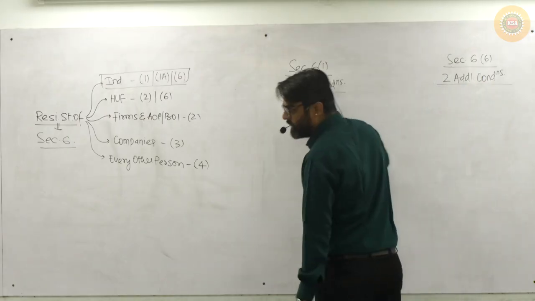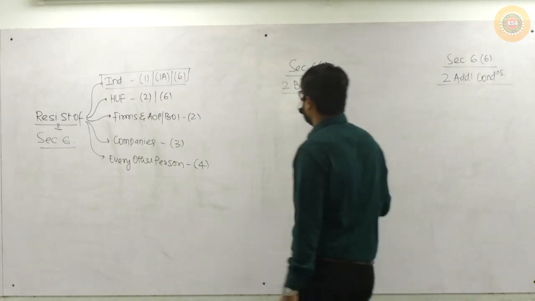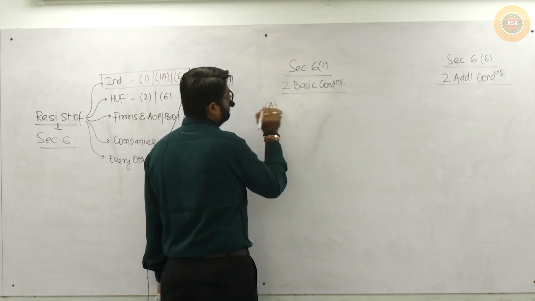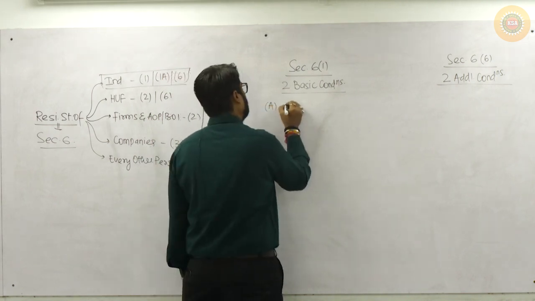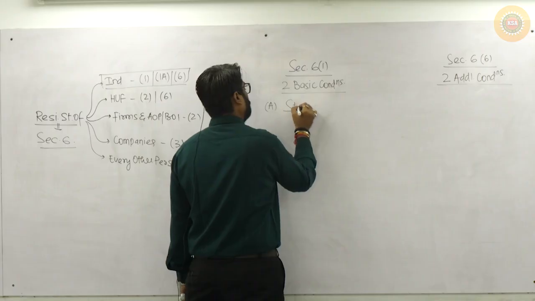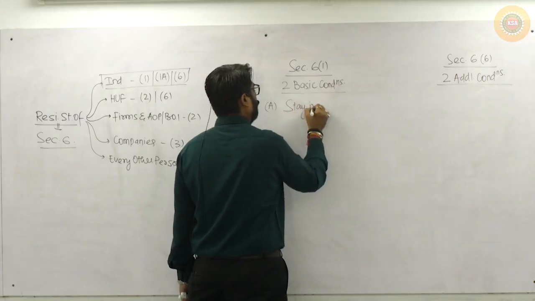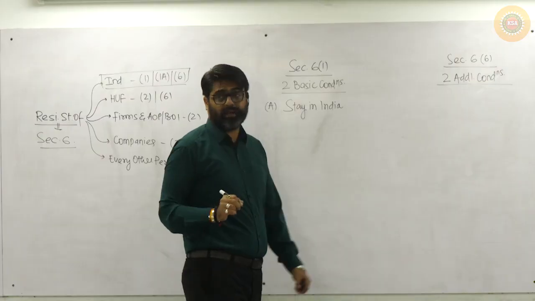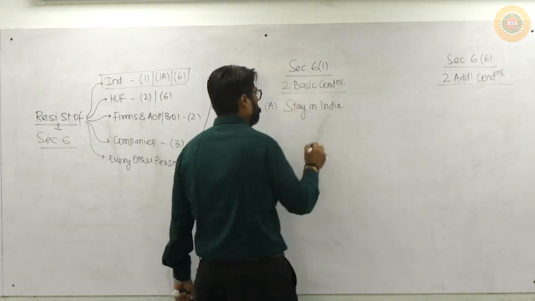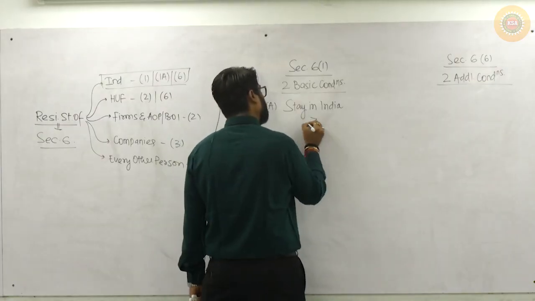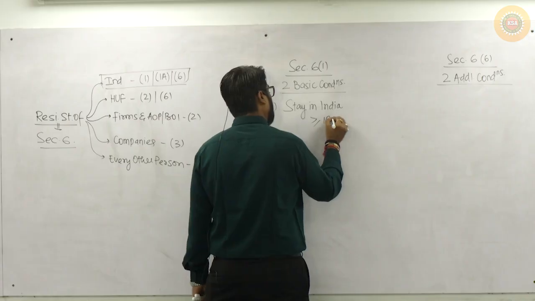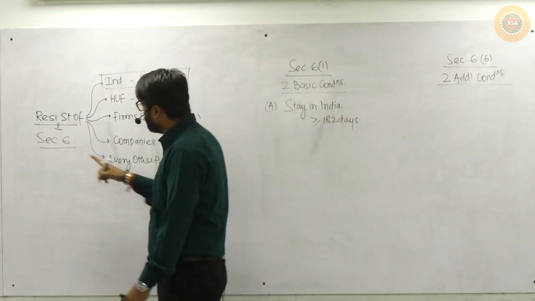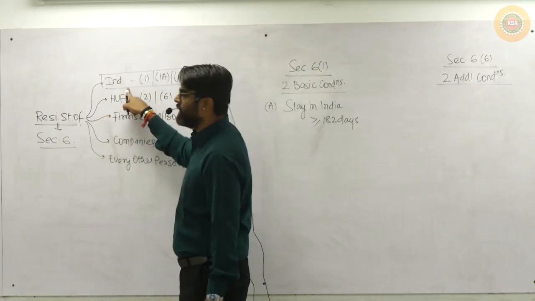So, two basic conditions, two additional conditions. Okay. Now, see, first basic condition A talks about the stay in India during the relevant previous year, which should be greater than or equal to 182 days.